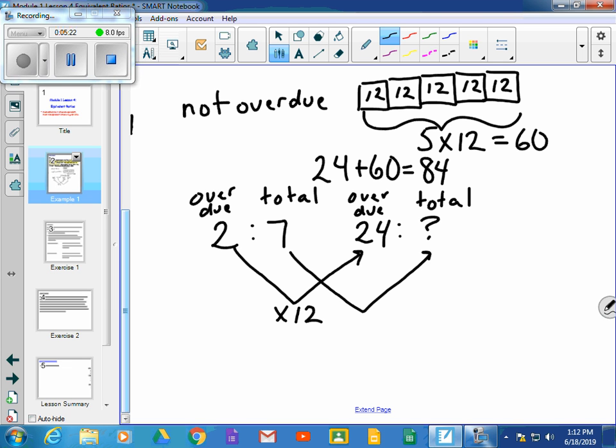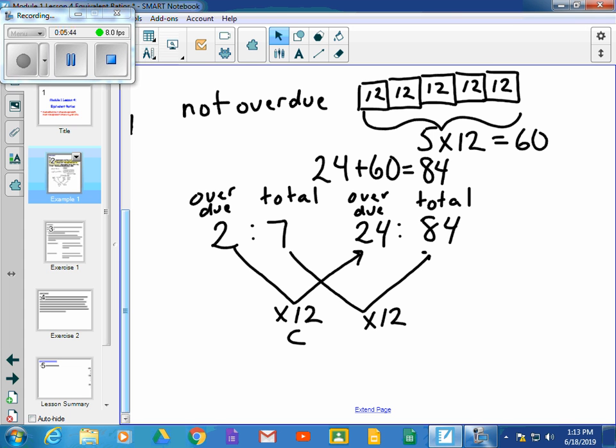If we take 7 times that same amount, that 12, and we also call that a scale factor for future reference, 7 times 12 is going to give us 84. So the ratio 2 to 7 is equivalent to 24 to 84. And that can also tell us the same amount of what we had before.